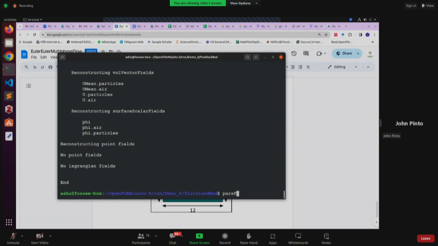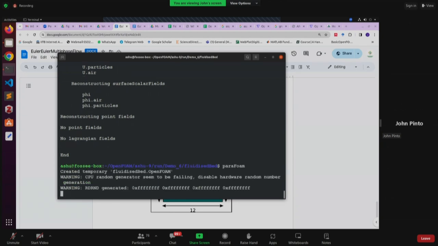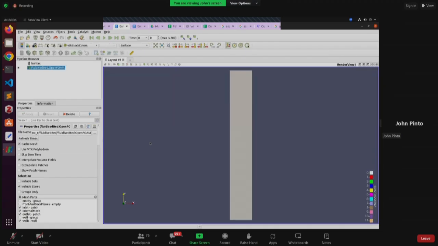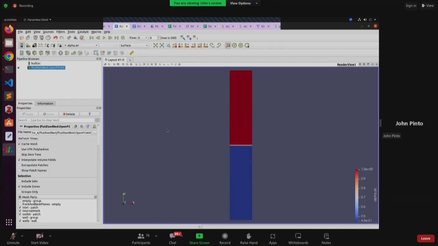Let me do Terraform. Okay. And then alpha.air. So you see now, sorry, I should take alpha dot particles. So at the bottom are my particles, right?